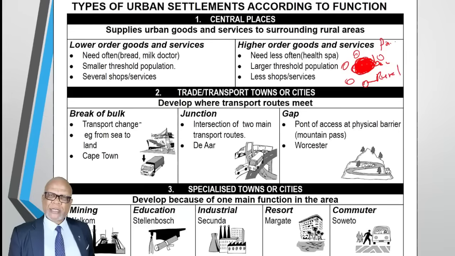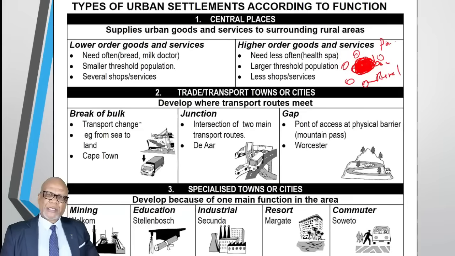Because according to the definition, rural areas are unifunctional, so people are involved in primary activities. So it means they do not have secondary activities and they do not have tertiary activities. So where must they go for secondary and tertiary activities, to go and get goods, to go and receive services? They must move to urban settlements.